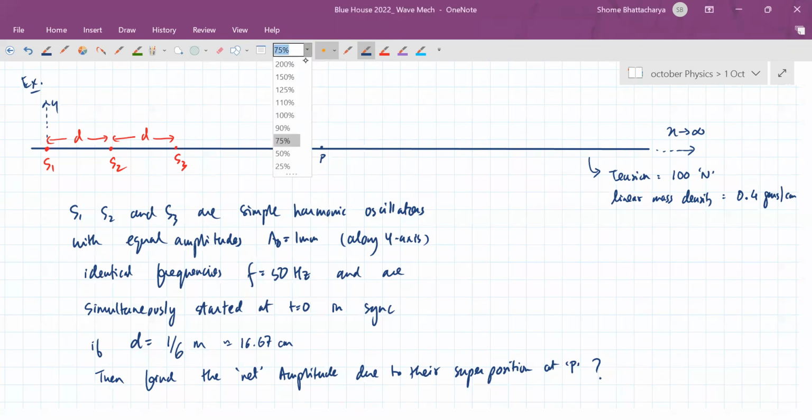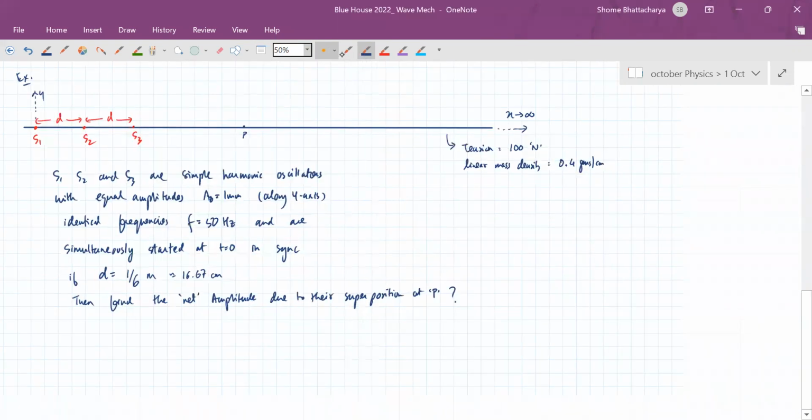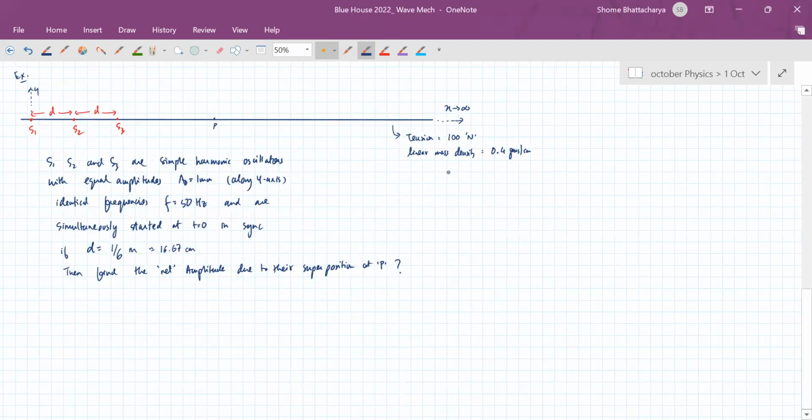Yes, Parth, I will just verify your answer. It's correct. Very good. So the first thing we have to understand is from the given tension in the thread and the linear mass density, which we will write as this much in SI unit, we will see that the propagation speed will become 50 meters per second.